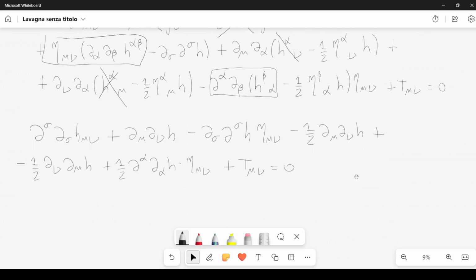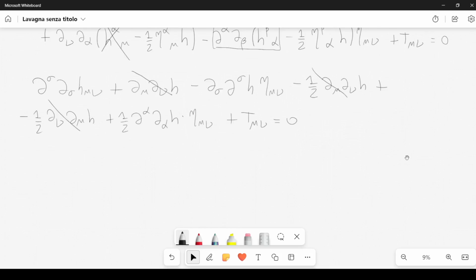Now actually there is also another kind of simplification that you can make at this point. So this one together with this one and this one. You can see that this one and this one will add together, but together they will also cancel this one, because we have minus 1/2, which will give us minus 1, and therefore they will cancel this one. So the equation can be simplified.